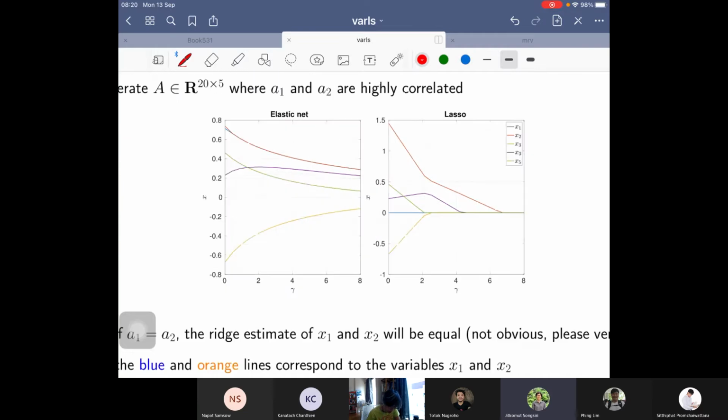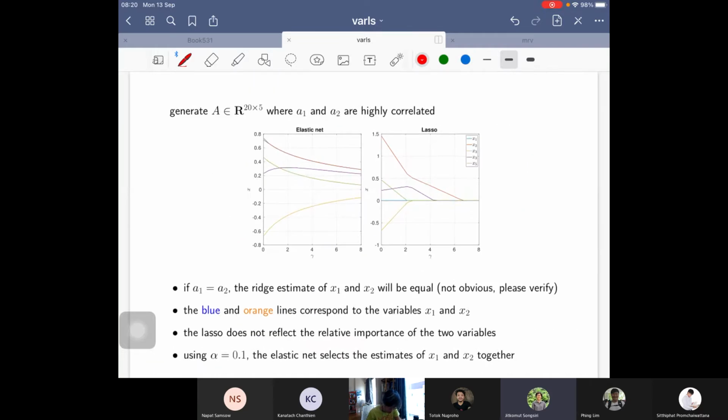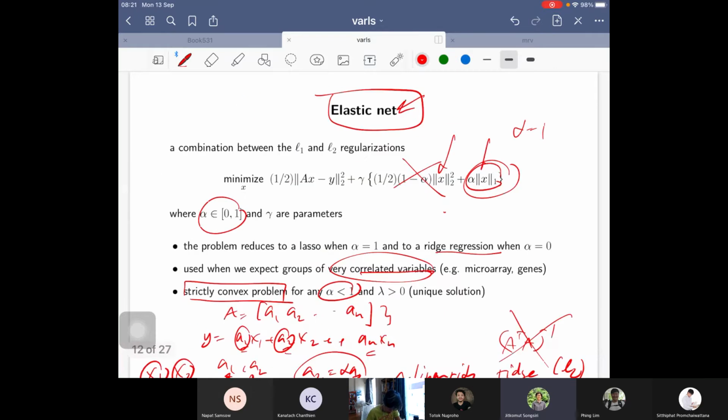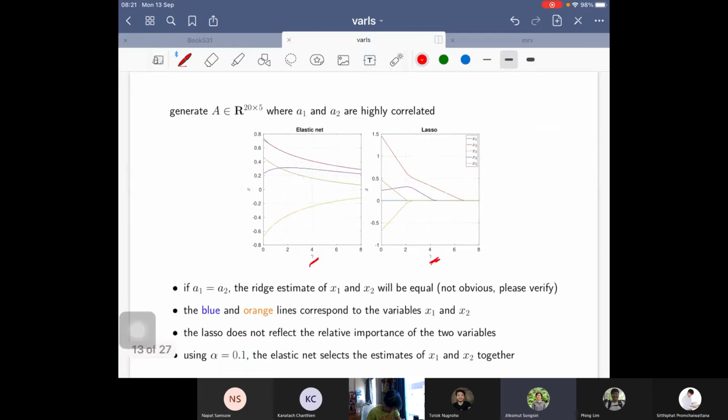Here's an example graph. We solve the elastic net problem by varying gamma. Gamma is the penalty parameter of this term. In this simulation, I intentionally made the second and the first column of A highly correlated.